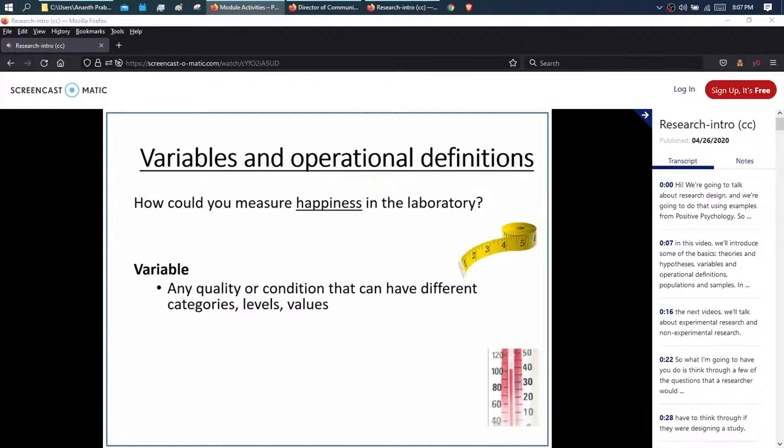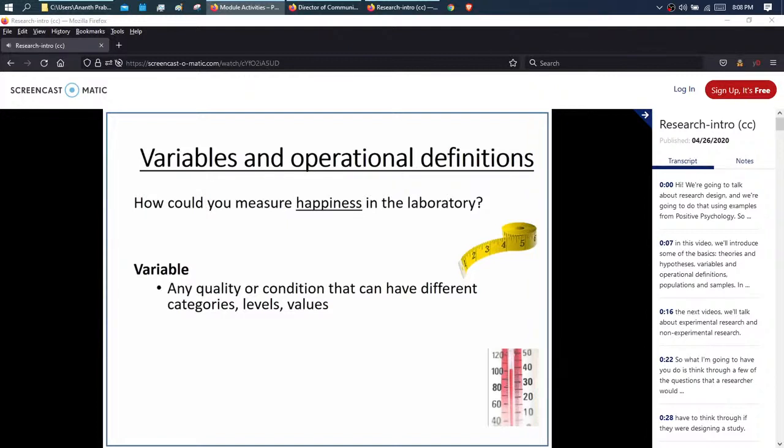Temperature is a variable. 75 degrees is a specific score on that variable. Gender identity is a variable. Female identity would be a specific score on that variable of gender identity, and so forth. Okay? Now, to be a variable, there need to be at least 2 categories or levels.